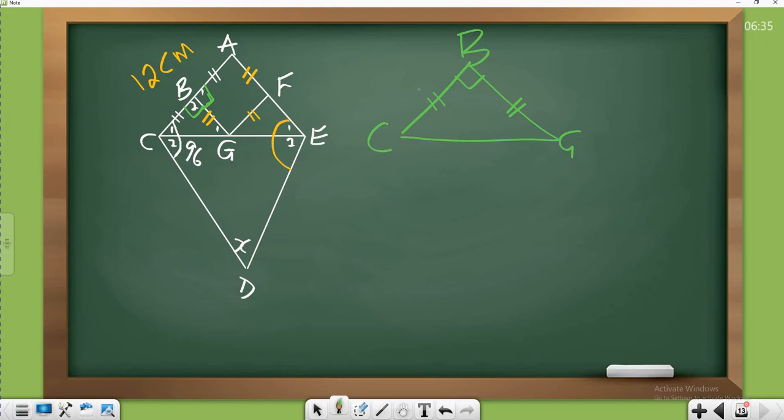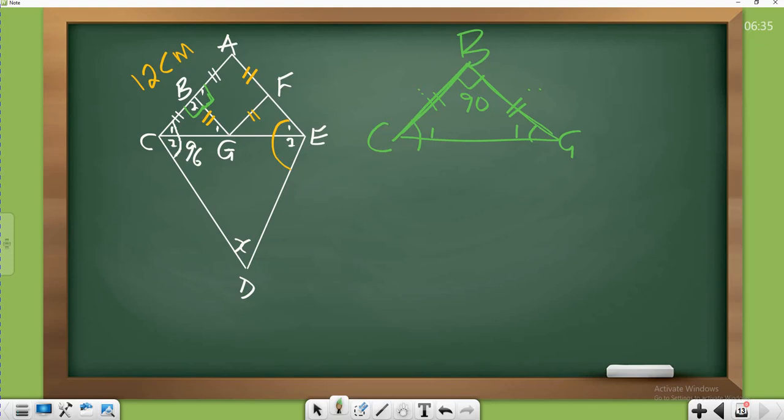Now, if two sides are equal, you remember what we were talking about, angles opposite equal sides. This side is equal to this side. So what are the angles that are opposite those two sides? This and this. So this is my C1 and that's my G1. Those angles are equal, and this is 90 degrees.